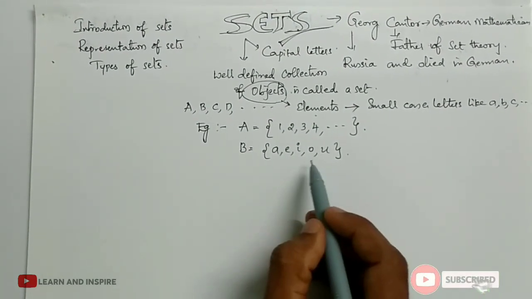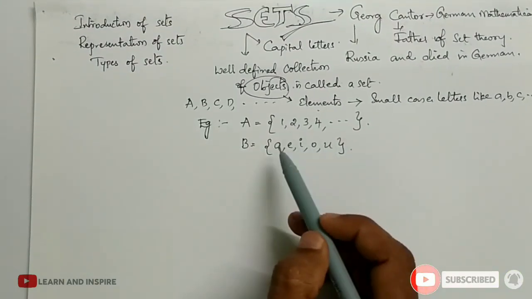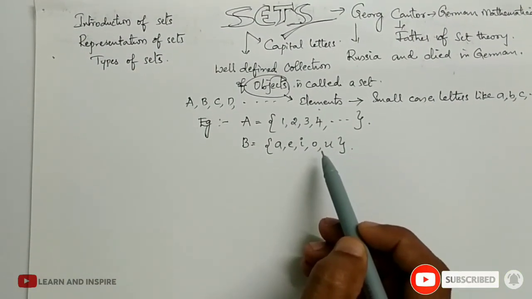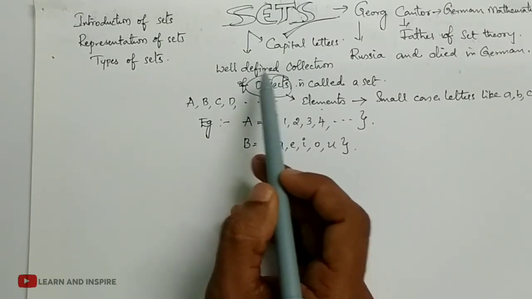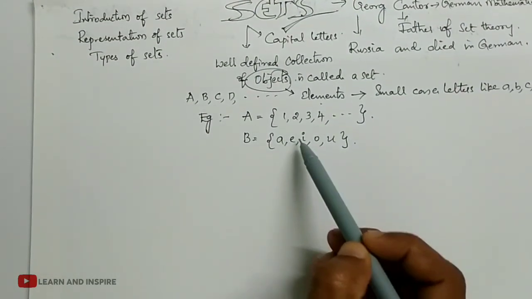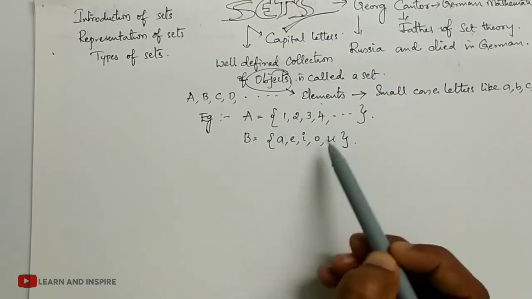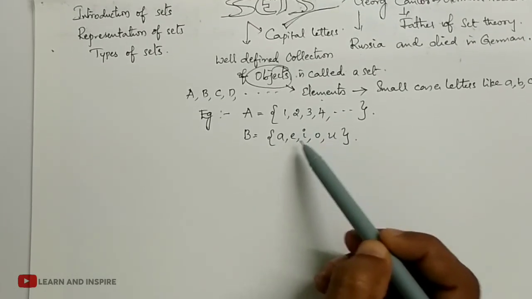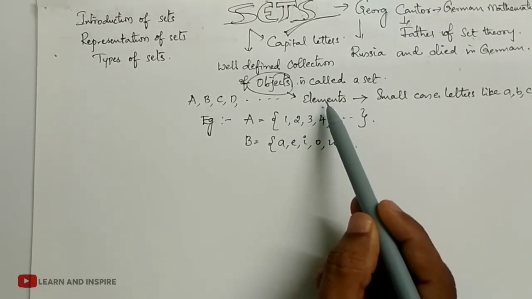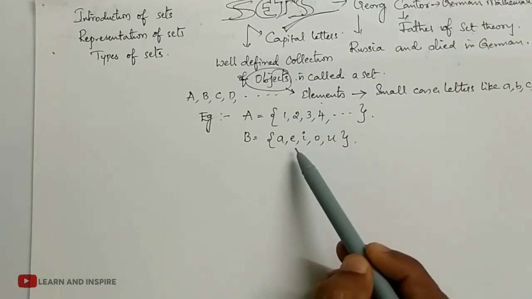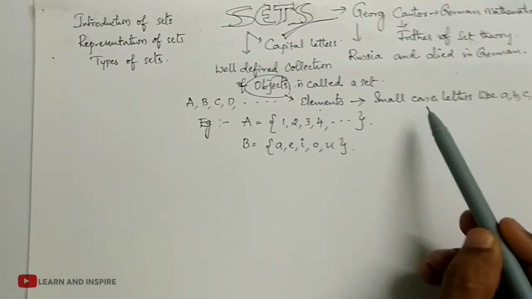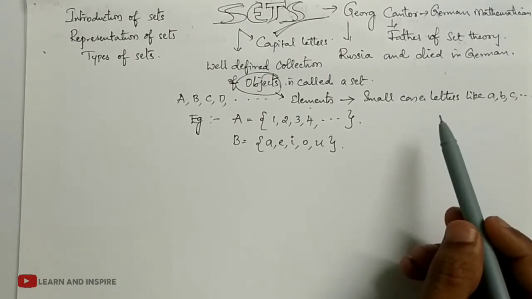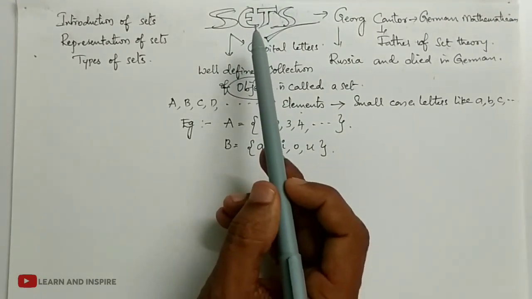These vowels are well defined, and they are the elements, the objects belonging to the set, represented with small case letters. So this is the definition of a set.